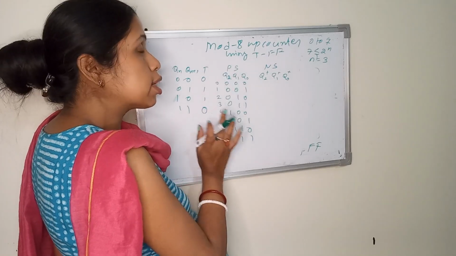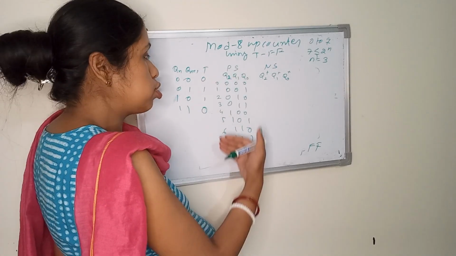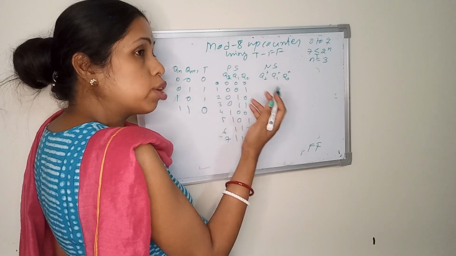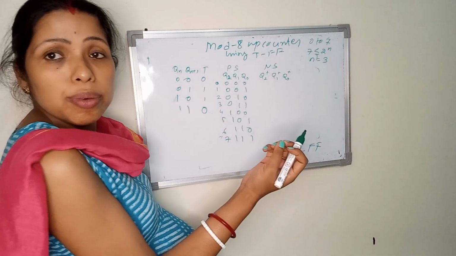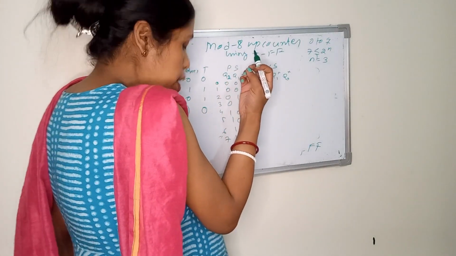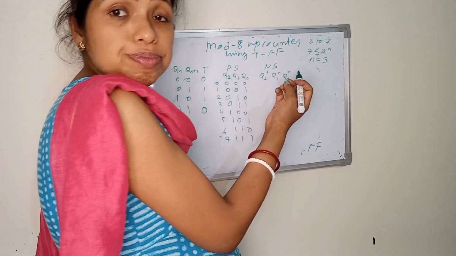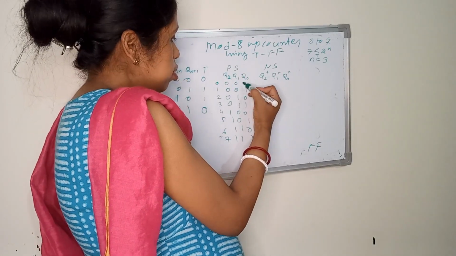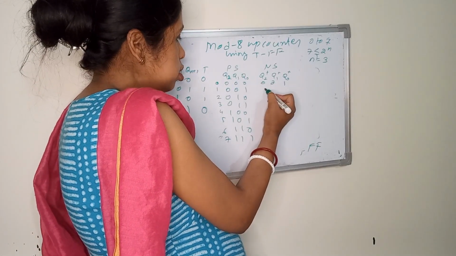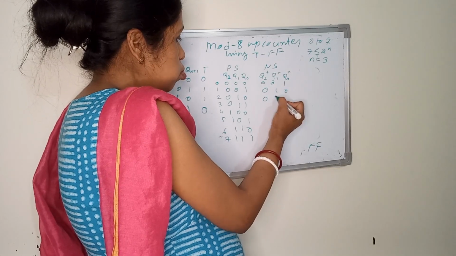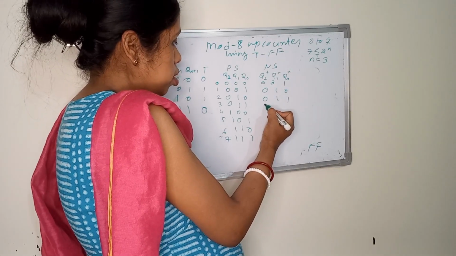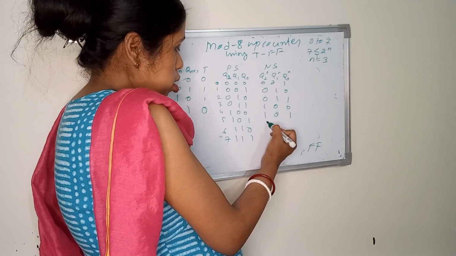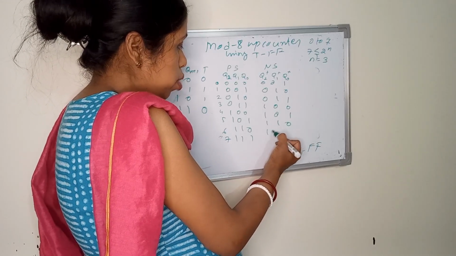The counter counts the numbers from 0 to 7. If 0 is the present state, which number will come after 0? 1 will come. That means the next states will be 001, 010, 011, 100, 101, 110, 111.